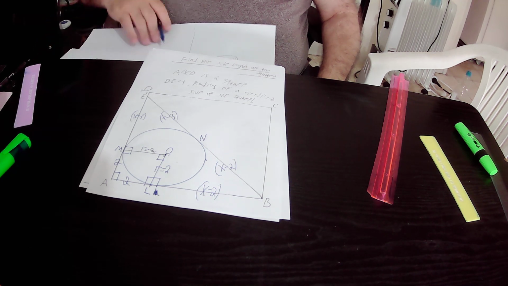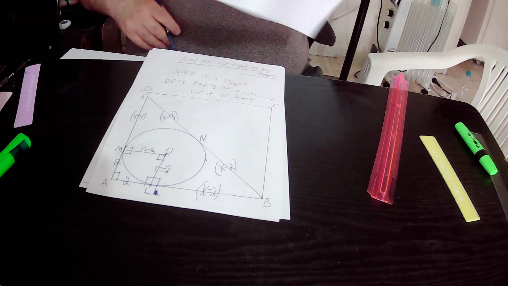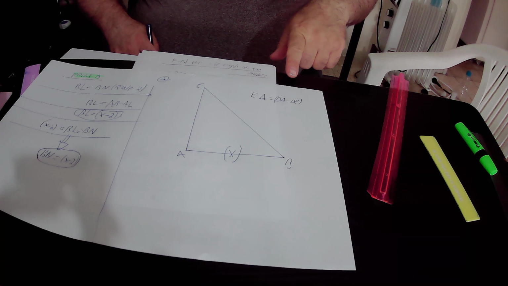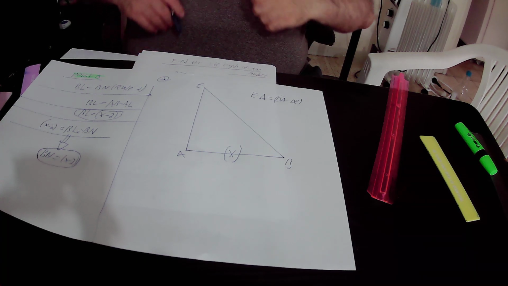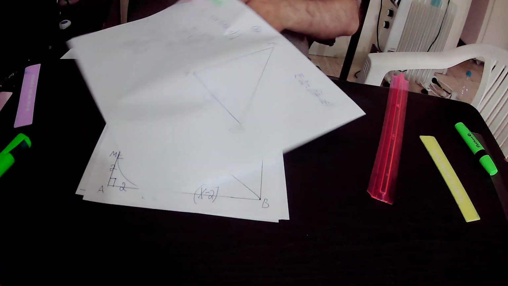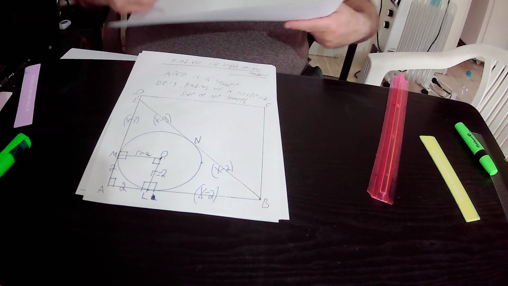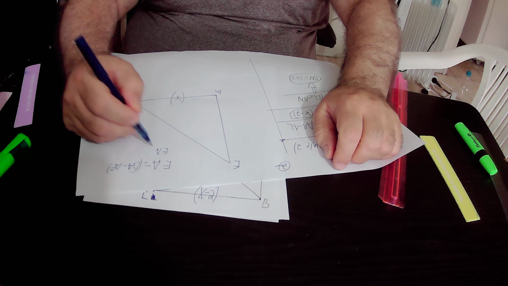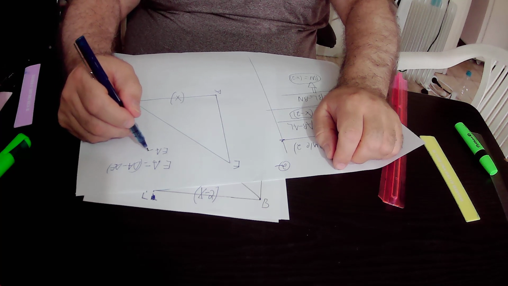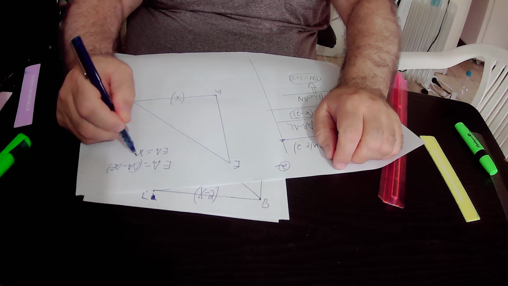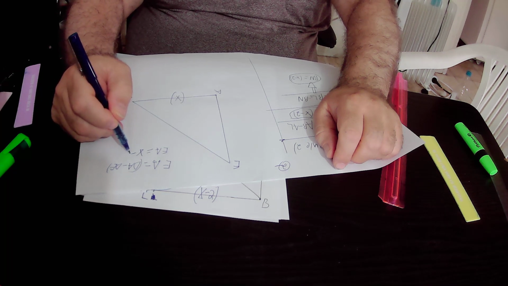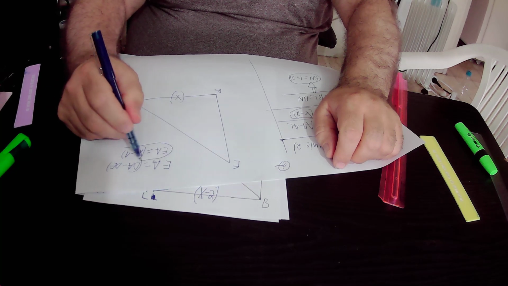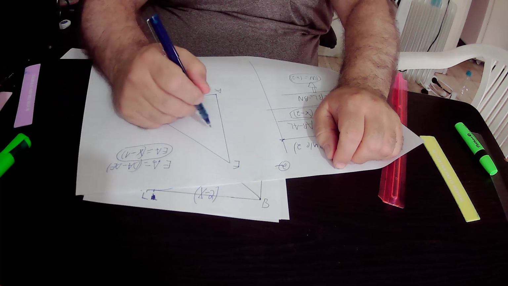So repeat again, the length of line segment EA is equal to DA minus DE. So EA equals, DA equals x according to our definition, and DE equals 1 according to what is given in the question. So in conclusion, we found out that EA equals x minus 1.